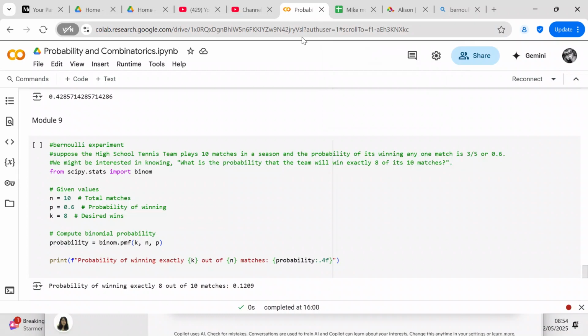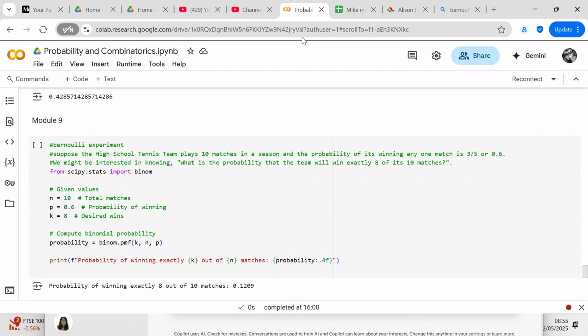The first thing we're going to do is import the library SciPy, which is the Python scientific library. So from scipy.stats, import binom. Then the given values are N, the total number of matches, is 10; P, the probability of winning, is 60%; and K, the desired wins, is 8.